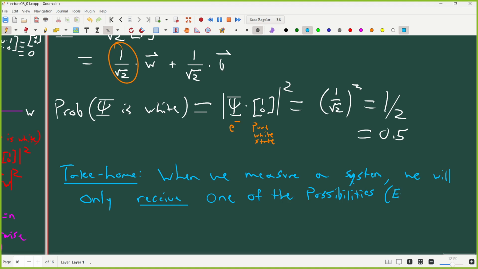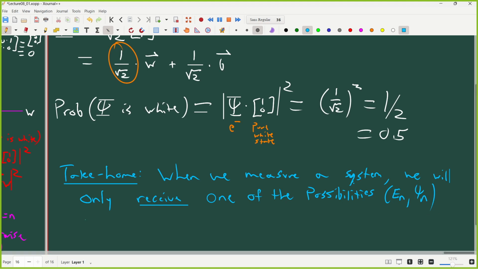For instance, that would be E sub n, psi sub n for the particle in the box, right? And only one.